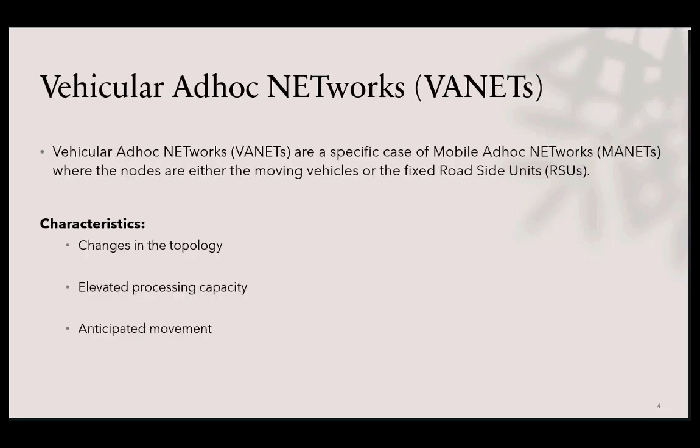Vehicular ad hoc networks are a specific case of mobile ad hoc networks, MANET, where the nodes are either moving vehicles or fixed roadside units. A vehicle can communicate with another vehicle, with the infrastructure, or with anything, which is called V2X.